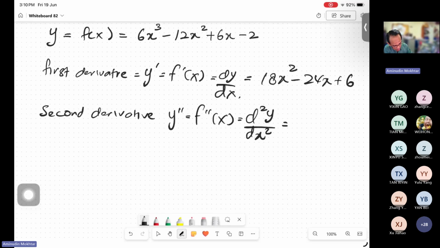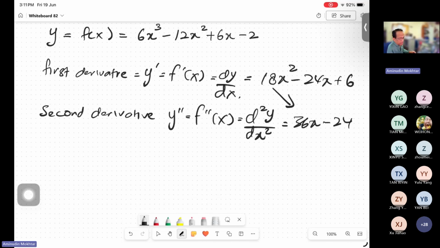Now we can also apply the rule of derivative. Since the first derivative is 18x squared minus 24x plus 6, the second derivative is now equal to 18 times 2 is 36x to the power of 2 minus 1, which is x to the power of 1, minus 24 plus 0, or minus 24. That's the second derivative.